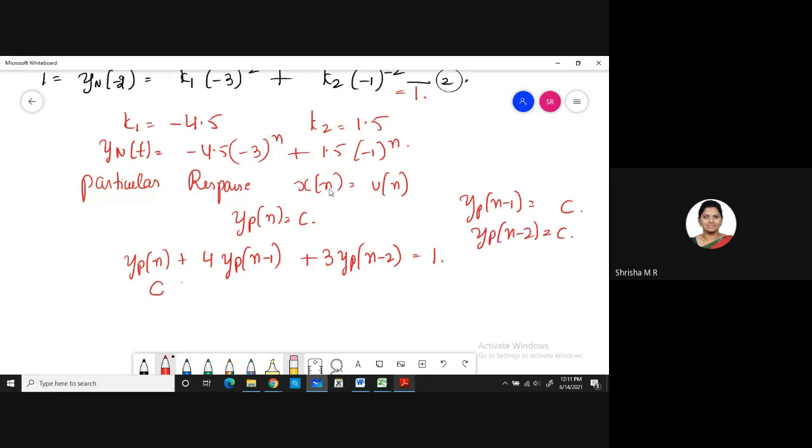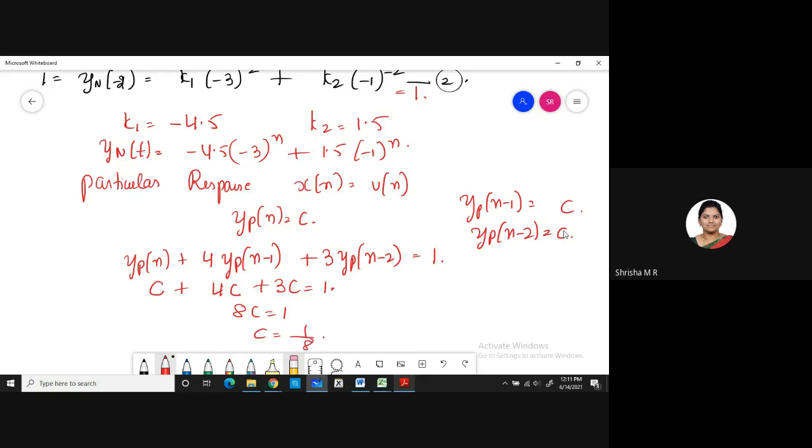So we have C plus 4C plus 3C, because we don't have n here. If you have any n variable, you can substitute n minus 1, but you just have a constant, so it is equal to a constant only. So C plus 4C plus 3C is equal to 1. So 8C is equal to 1, C is equal to 1 by 8.